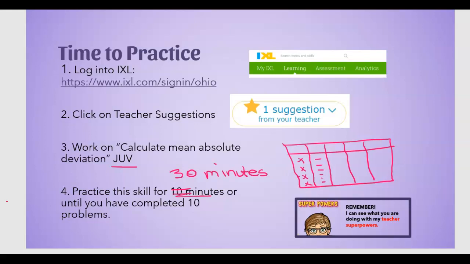Drop the negative signs. And then add all these together and divide by however many numbers you have in your data set. You guys can do this. I know it's a long process, but you can do this. You have all the skills that you need. I have confidence in you.